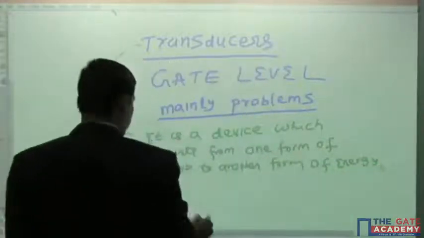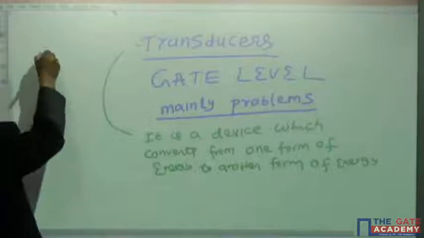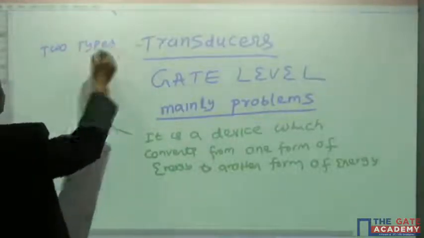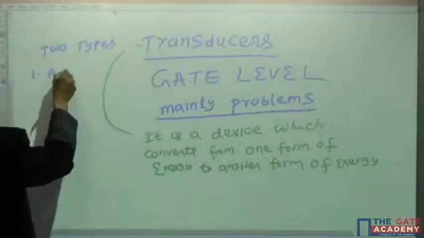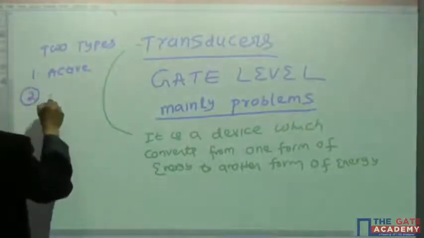There are two types of transducers. The first one is active and the second one is passive.